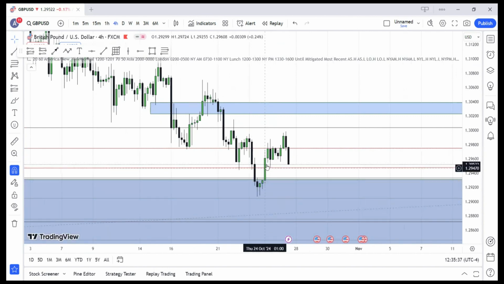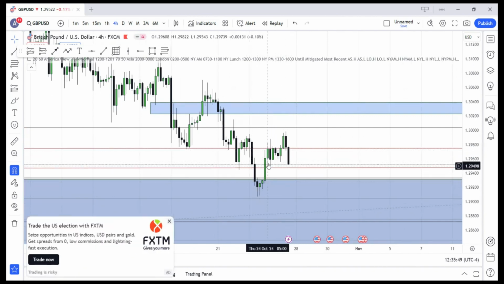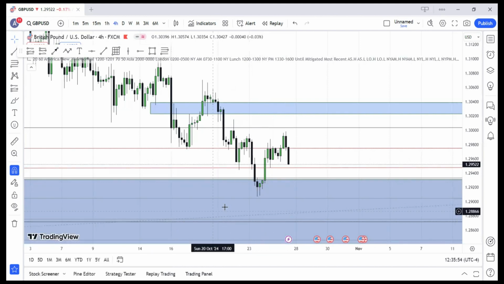This is a support area. Came down, we went higher above that, and then after that we came down again. Right? So that just shows that price wants to find another area of support. We still can use this area of support and see what price could do with that area. If it doesn't respect that, we'll have to look at lower prices to fill that.